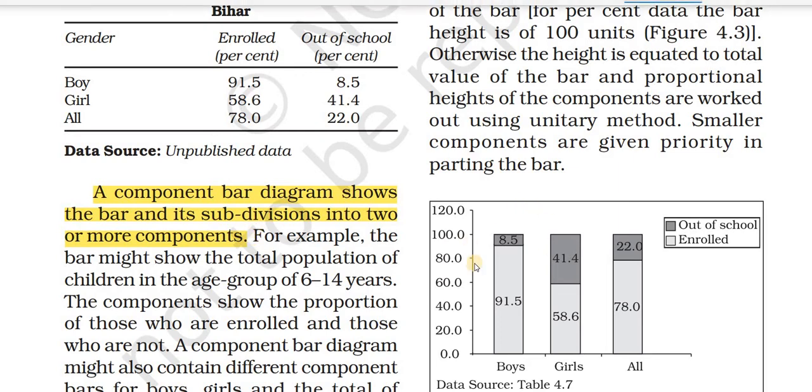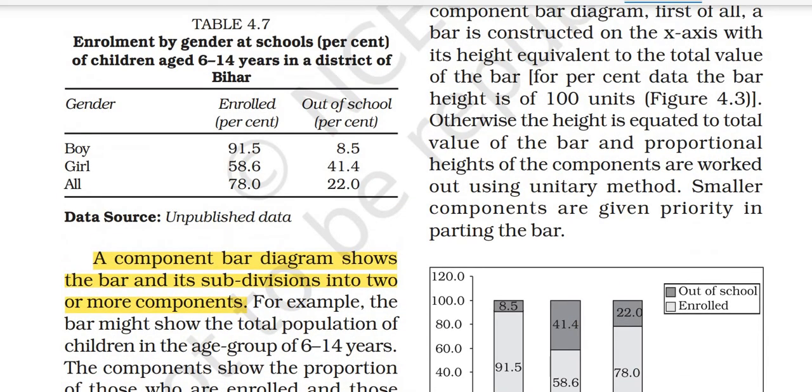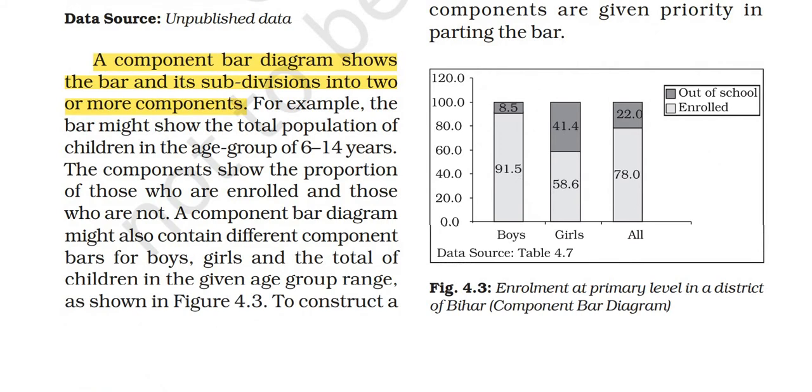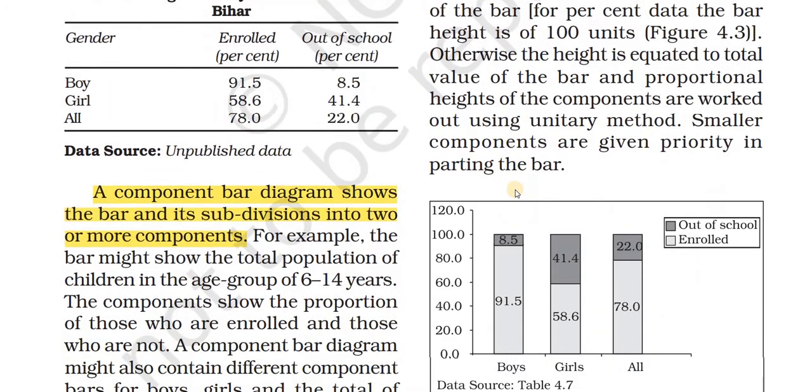Here you can see one diagram. This is the component bar diagram, showing enrollment of primary level students in Bihar. Total enrollment is near 100. In that, 91.5% are enrolled and 8.5% are out of school. So in this bar itself, two divisions are there.